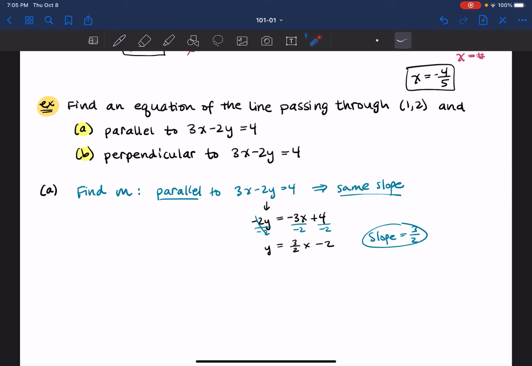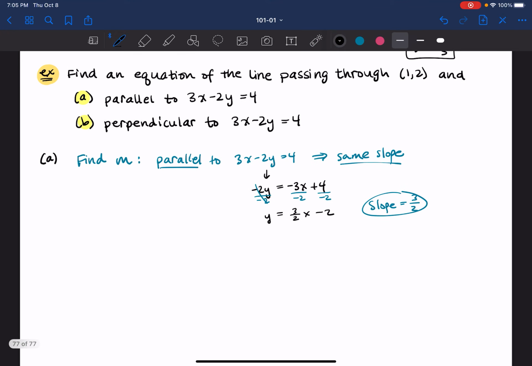Now we have the slope of the line that we want, and now we want the one that passes through this point. It's totally up to you what you want to do. So this is m. I'm going to use the b formula. So b equals y1 minus m times x1. Here's the x1 and the y1. So we have 2 minus 3/2 times 1.